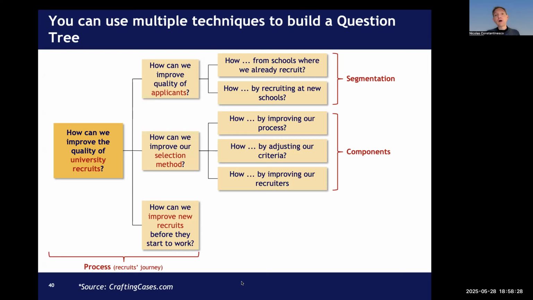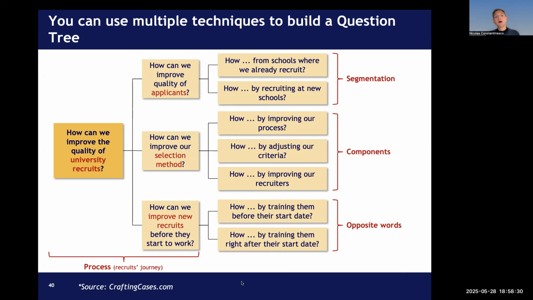And lastly, how can we improve the new recruits before they start to work? What I could do is use opposite words. For example, by training them before their start date and training them right after their start date, but before they actually start work in their job. So, during a week, for example, when they're still getting their laptop and stuff like this.